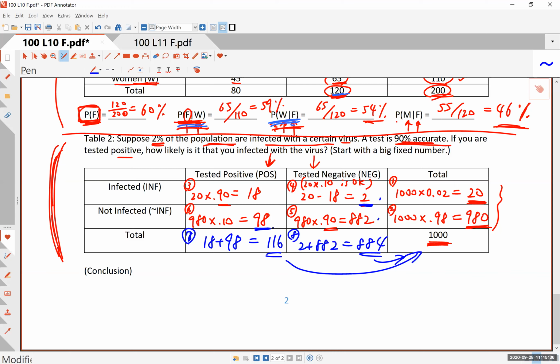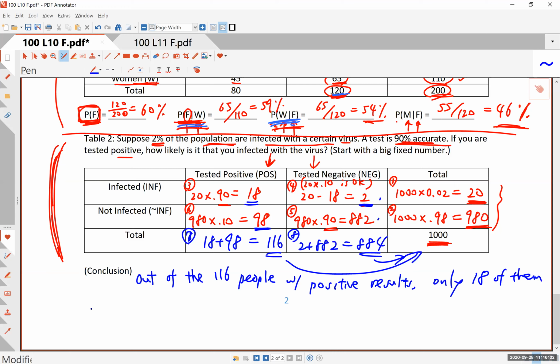But what this chart is telling us is this. Okay, ready for this? Out of the 160 people with positive test results, okay, only how many people really have the virus? Right here, okay? Only 18 of them have the virus.